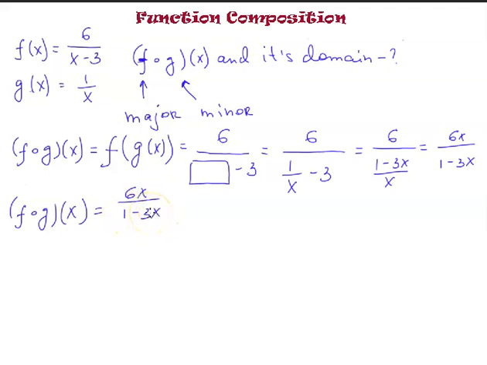Now we're going to move to the domain. I'm not going to give you a definition of the domain of a function composition. You can Google it, you can look it up in a book. I will tell you the way I'm looking at it.